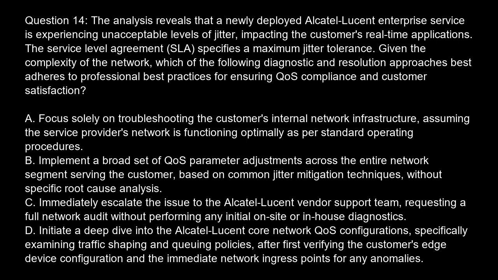Option C. Immediately escalate the issue to the Alcatel Lucent vendor support team, requesting a full network audit without performing any initial on-site or in-house diagnostics. Option D. Initiate a deep dive into the Alcatel Lucent core network CoS configurations, specifically examining traffic shaping and queuing policies, after first verifying the customer's edge device configuration and the immediate network ingress points for any anomalies.